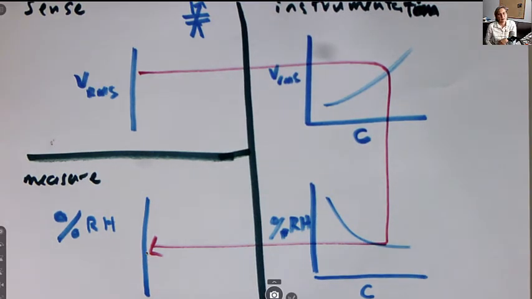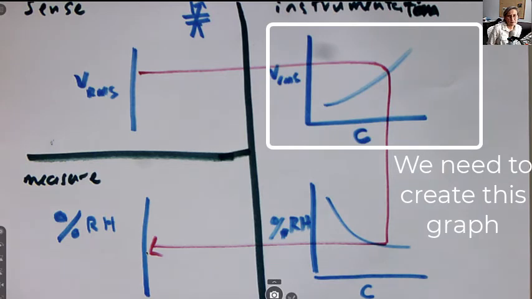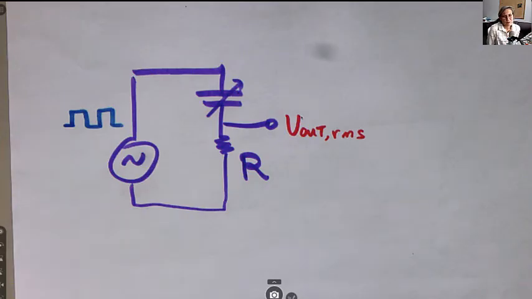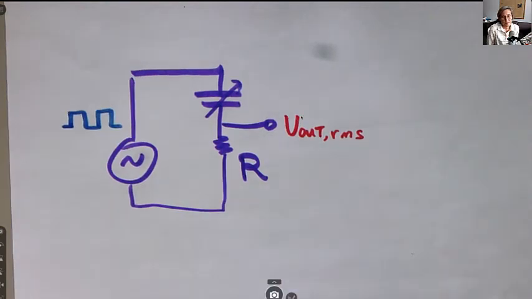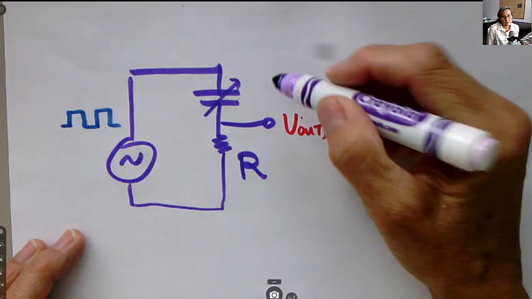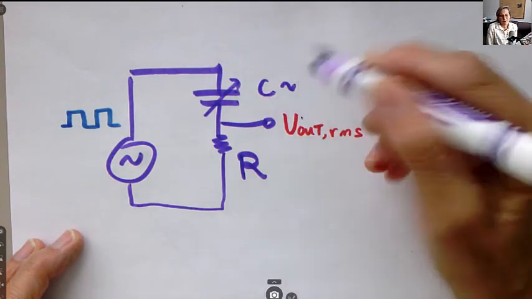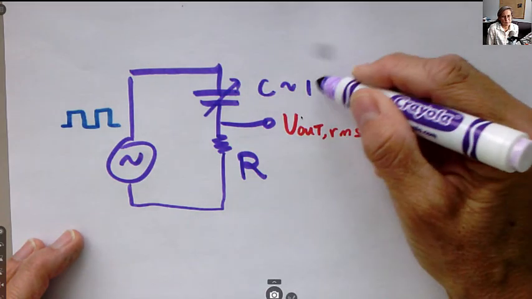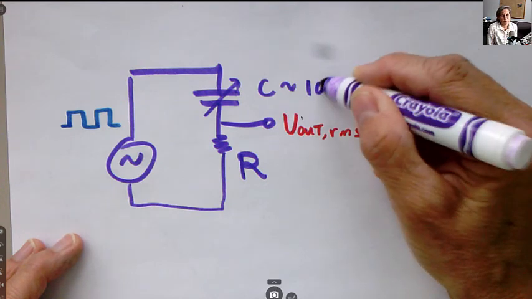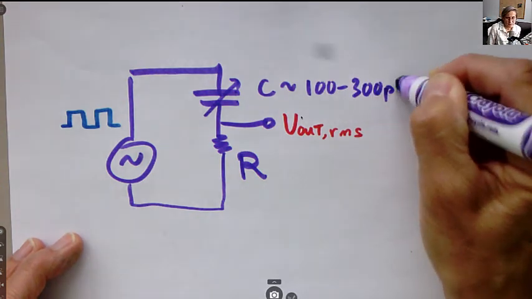Okay, what we need to do is develop a curve for the instrumentation. We will take our circuit, and again, the R is going to be the design element here, and the C is going to be our sensor. And this varies from about 100 picofarads to about 300 picofarads, and you'll see that on the specification sheet.